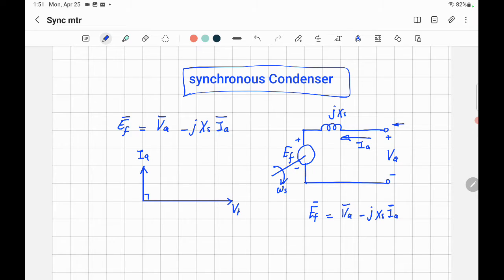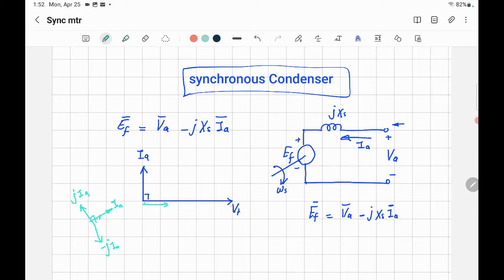So you do it using the phasor diagram here. You get EF, you subtract VA minus jXSIA. How do you do that? That's IA, and let me just sketch something here. If you have IA in this direction in general, the perpendicular to this phasor will be jIA leading, and that's minus jIA lagging. So according to this diagram, IA is upward, and minus j will be in this direction.